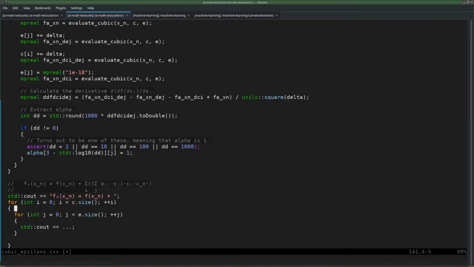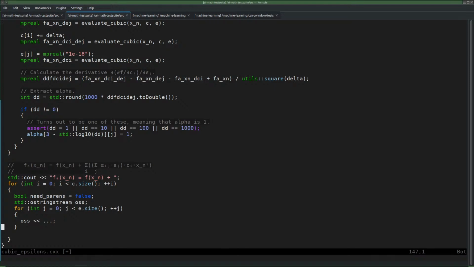Just write it to an output string stream. And then the rest of the code. So now we really start to print.